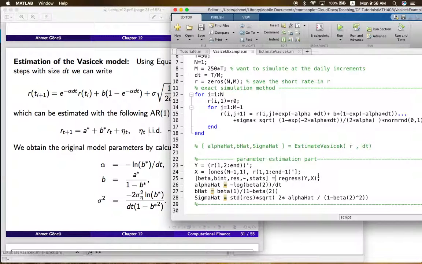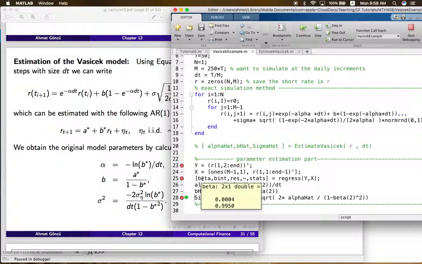So we regress y on x and we get the coefficients in our beta. If we run up to here, we can see that we have our y, we have our x now, and then we can estimate this beta, which includes this A star and B star.